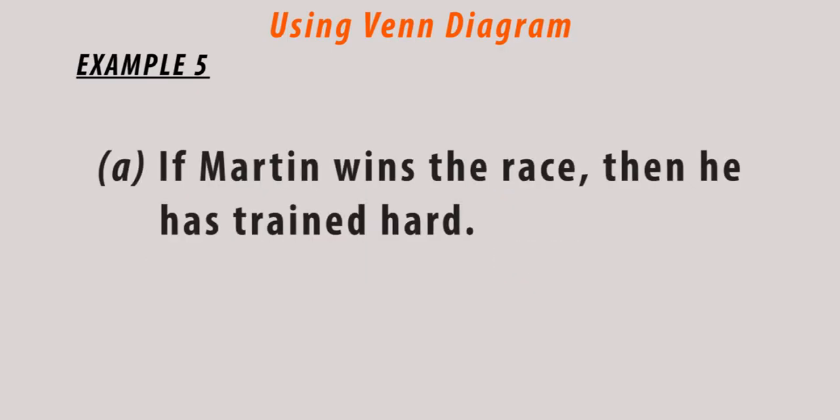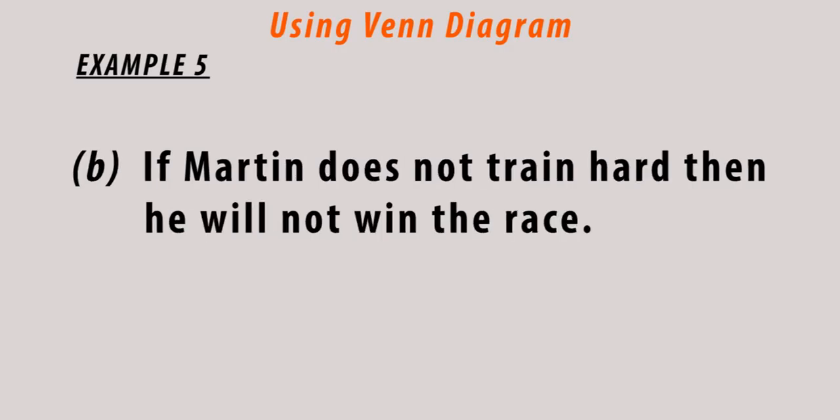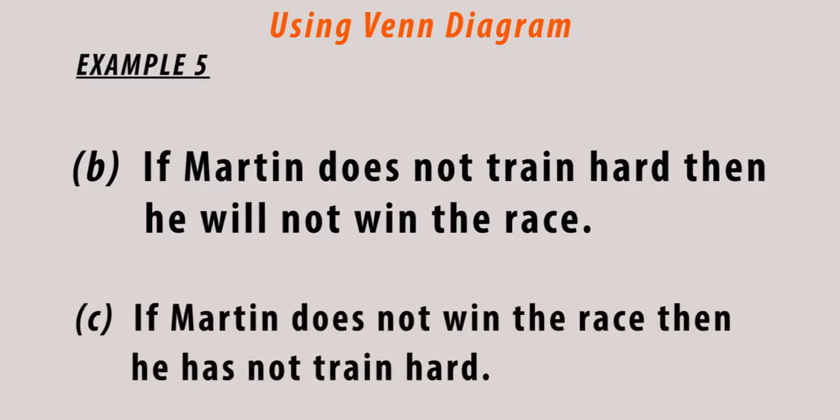A. If Martin wins the race, then he has trained hard. B. If Martin does not train hard, then he will not win the race. C. If Martin does not win the race, then he has not trained hard.